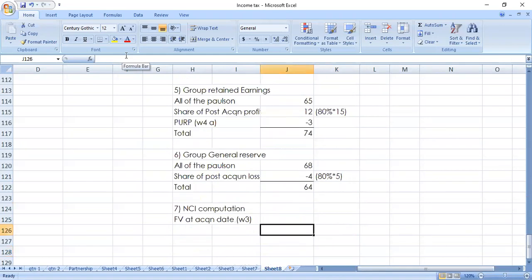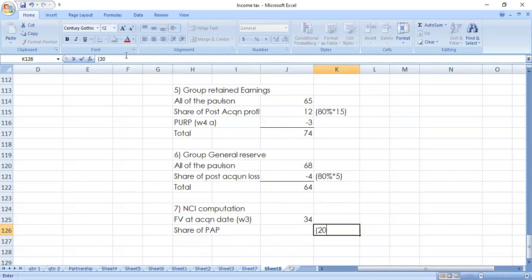So you come and say 34. Then you bring share of post acquisition profits of the subsidiary. It is 20% of the 15, if you remember, so this will be 3.